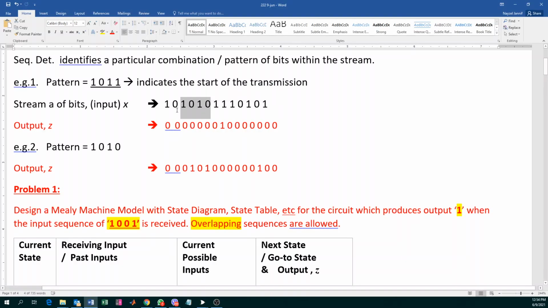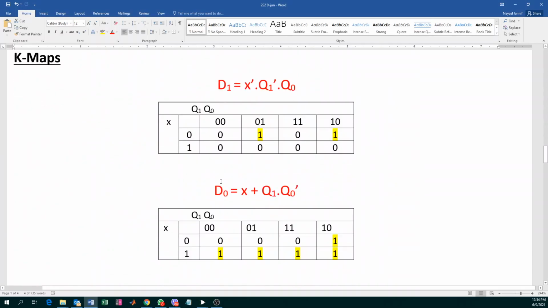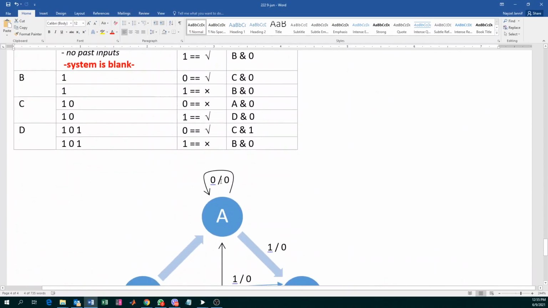So you'll get an output of 1 over here. Then the last 2 bits from the first detection will be used again with the 2 new bits to get 1 0 1 0. I hope that answers your question.